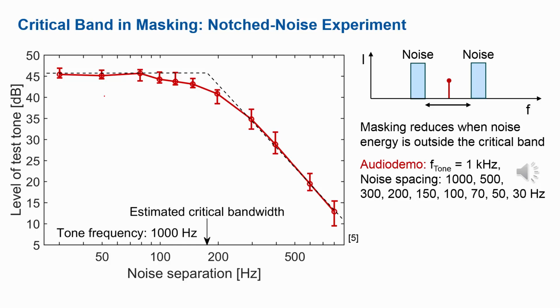If the noise energy will fall outside the critical band, it will not mask the tone, so you can hear the tone. So we're not varying the tone level as it's plotted here in this graph, but we just change the spacing between them, and you will not hear the tone when the noise energy masks the tone, and you will hear the tone when the noise energy falls outside the critical band.